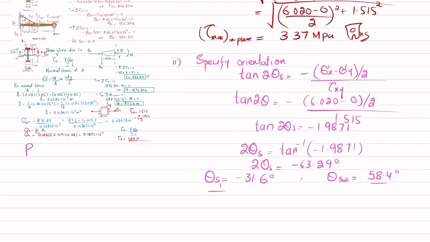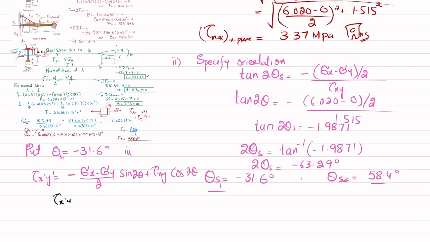So put theta equal to minus theta S1, equal to minus 31.6, in the shear stress transformation equation, which is tau of x dash y dash equals minus sigma x minus sigma y divided by 2, into sine of 2 theta, plus tau of xy cos of 2 theta. So let me put it.